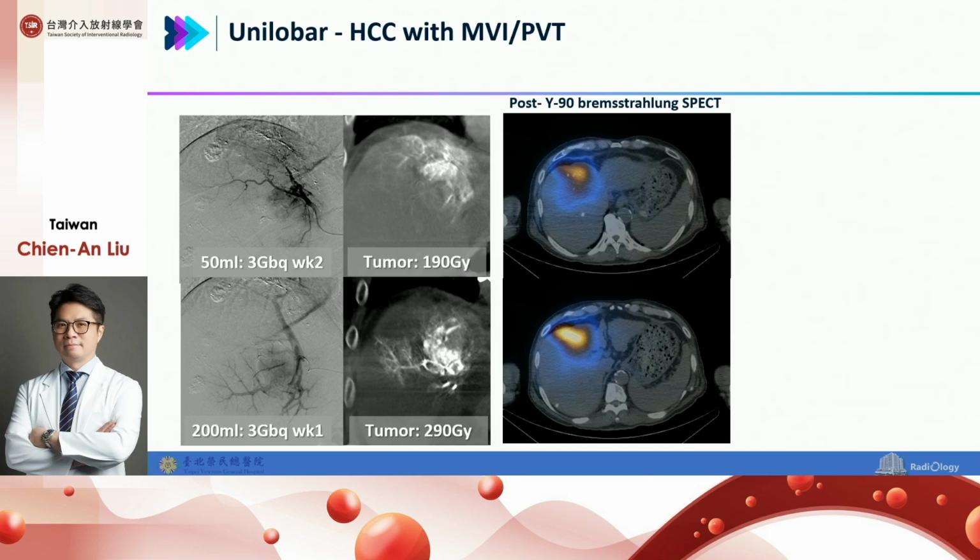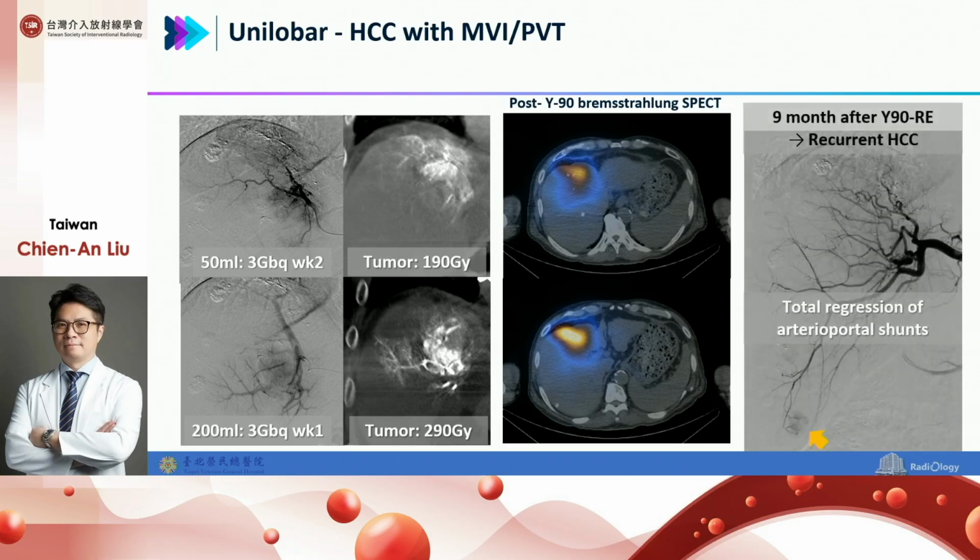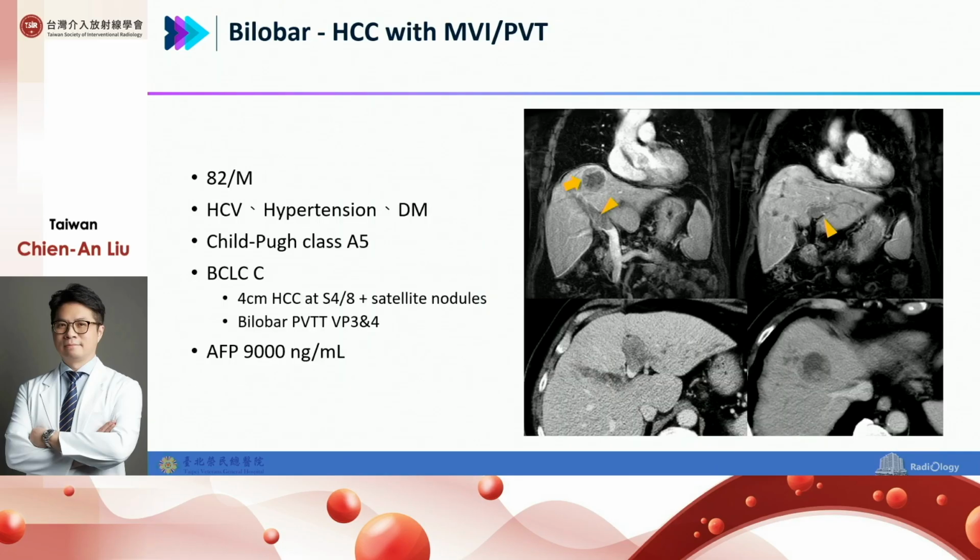The tumor in the different part received more than 190 gray. After the treatment, at follow-up, because the patient had developed intrahepatic metastasis in segment 6, we tried to do embolization. But during the procedure, we could not find any tumor stains in the prior treated target.